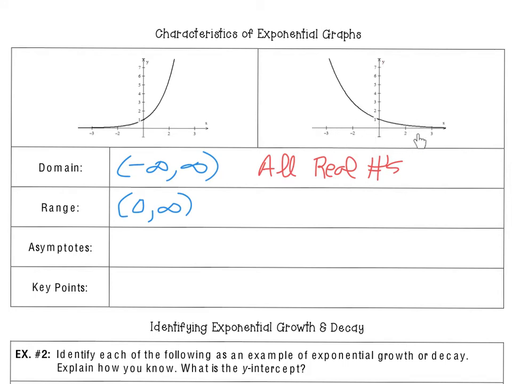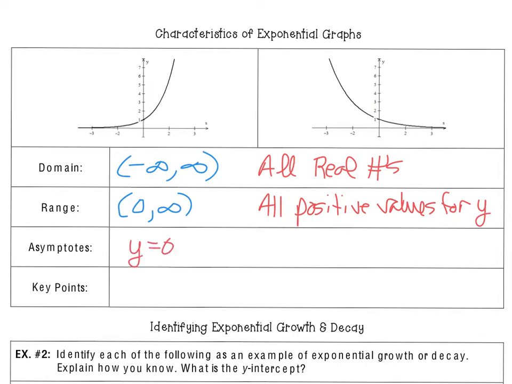Our lowest y value is still 0, and as we go up, this is approaching positive infinity. So again, it doesn't matter, growth or decay, all positive values for y. Okay, and then our asymptote is y equals 0 for both of those.